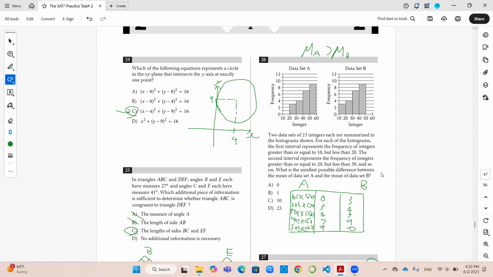So for A, it's 10 times 0 plus 20 times 3 plus 30 times 4 plus 40 times 7 plus 50 times 9.